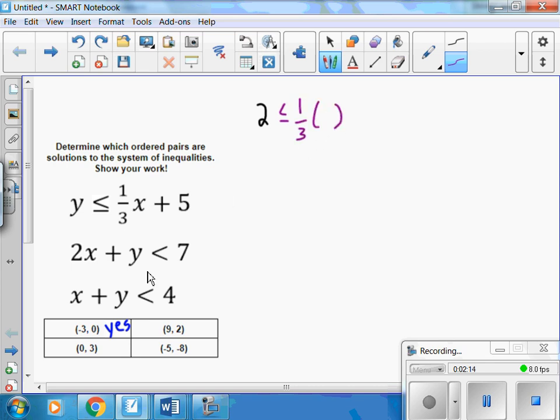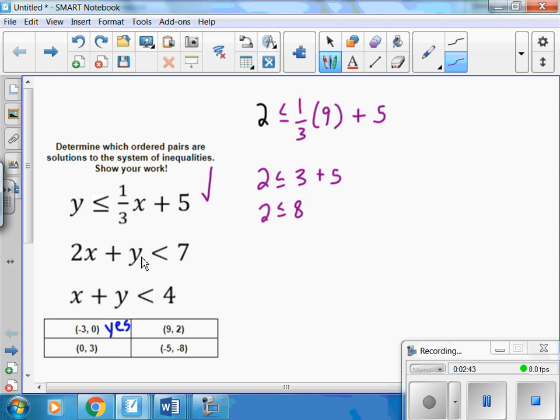And then in for x, we're going to plug in 9. Remember, we're using (9, 2), plugging it in here and here, x and y, and then plus 5. Okay, so we have 2 less than or equal to 1/3 times 9 is 3, and then plus 5. So 2 is less than or equal to 3 plus 5 is 8. So 2 is less than or equal to 8, so therefore it works for this.